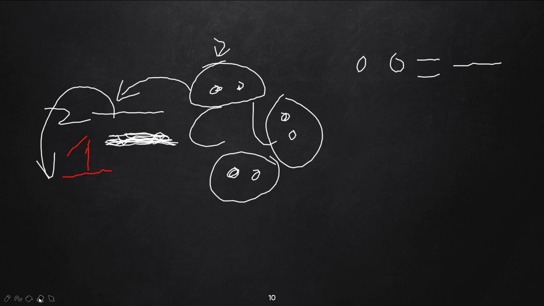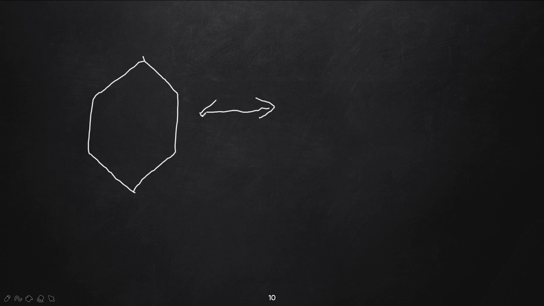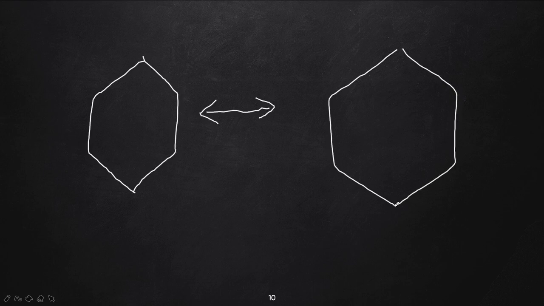So let me try and draw some resonance structures of this. Now let's say this is our first one. Let me draw two structures. And we say it's in resonance with this. So the first one, let's draw chloride.